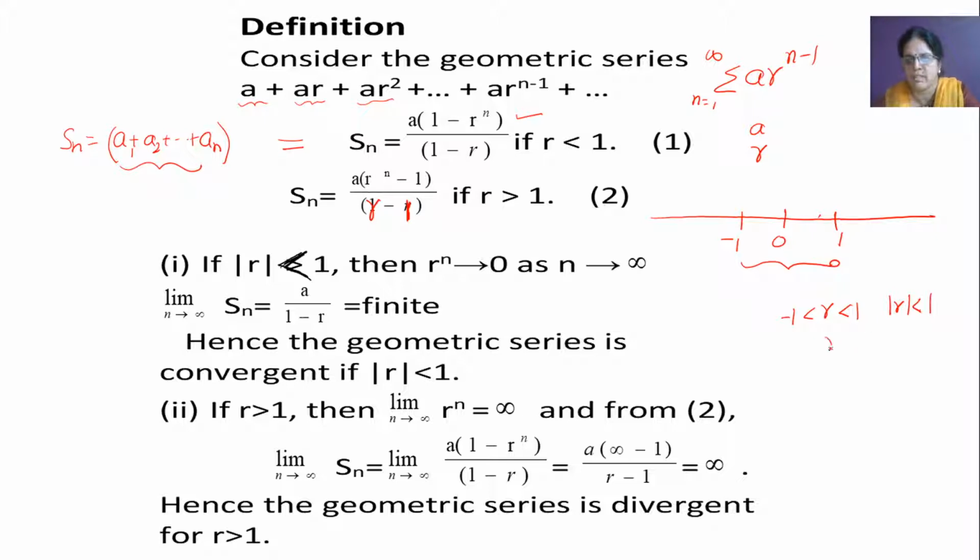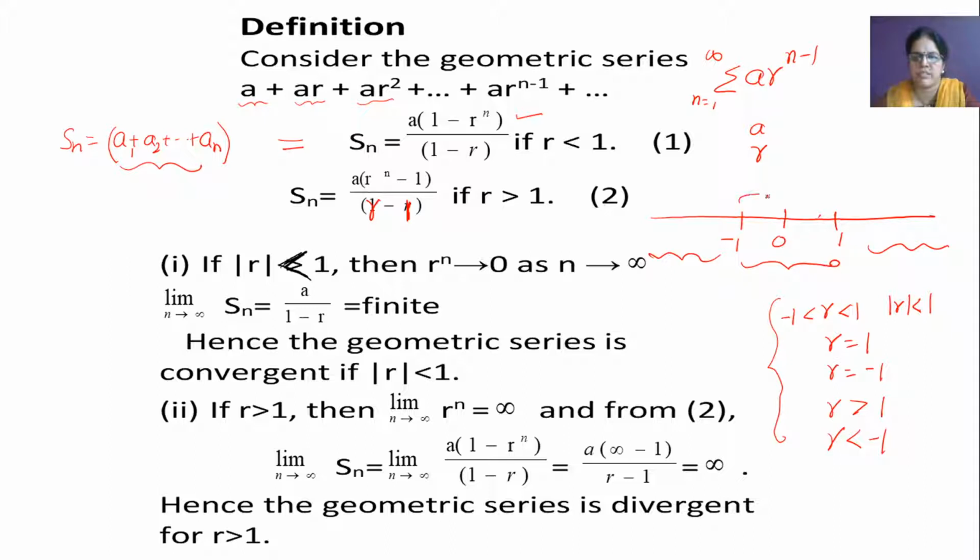Then we consider the case when r equal to 1. Then we take r equal to minus 1. Next we consider the case when r is greater than 1. And then we consider the case when r is less than minus 1. So we discuss the convergence in these 5 cases.